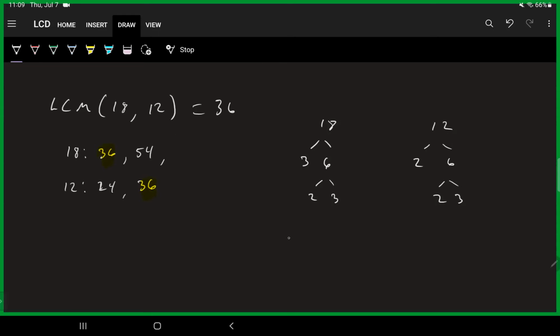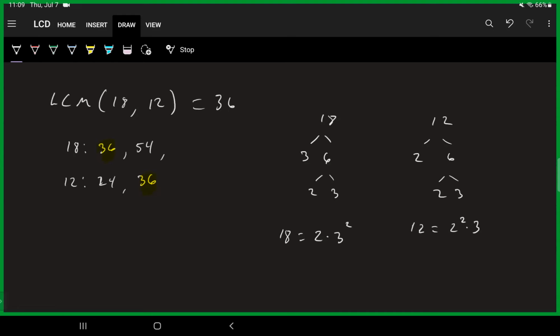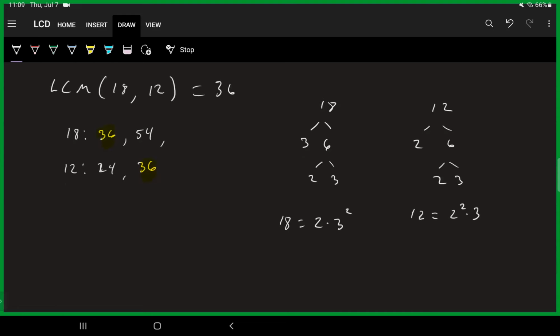Well, I know that 18 is 2 times 3 squared, and 12 is 2 squared times 3. And that's what we call prime factorization. You might remember making these back in the day, and they're useful. If you're trying to add two fractions together by hand, chances are you're going to need to use this technique to break down your numbers and build the least common denominator, which is the least common multiple.